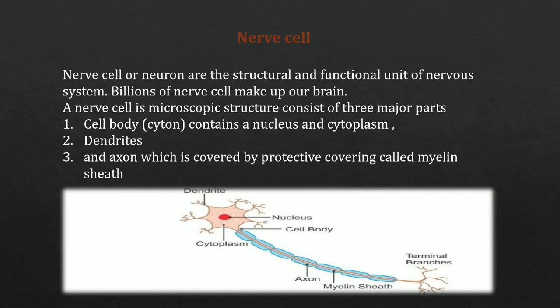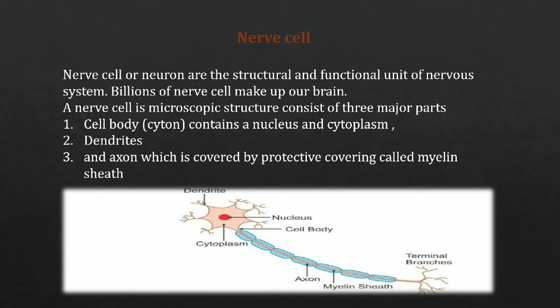As we know, the nerve cell or neuron is the structural and functional unit of our nervous system. There are billions of nerve cells which make our brain. A nerve cell is a microscopic structure consisting of three major parts. First is the cell body, also called cyton, which contains the nucleus and cytoplasm. Second part is the dendrites.